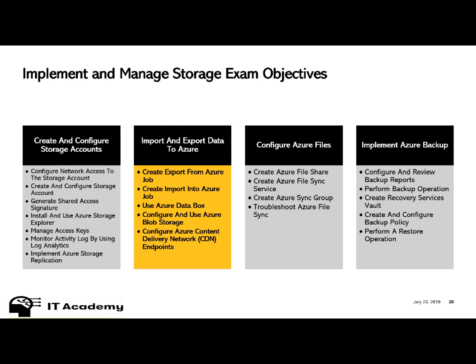We also have the import job. There, we take some data from our hard drives on-prem or in another data center or another cloud provider, copy that information onto SATA 3 disks, have a bonded courier collect those disks, which are encrypted, take them to Azure, and then the engineers at Azure will present the contents of those disks to us from a storage account of our choosing.